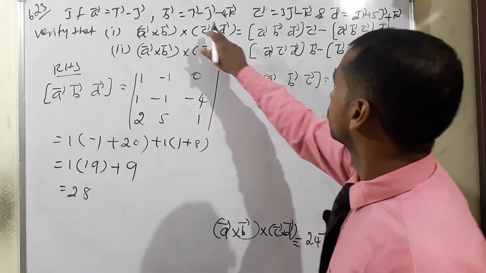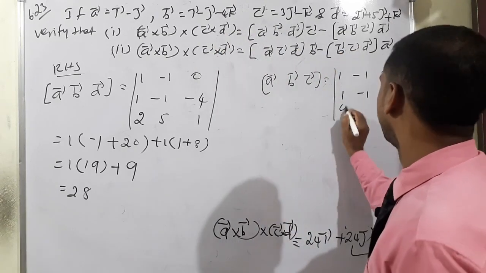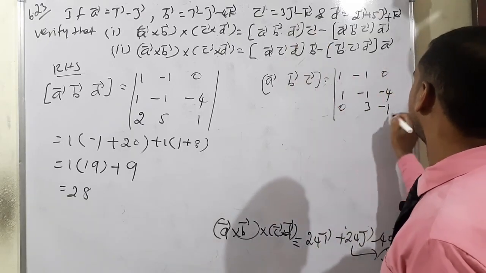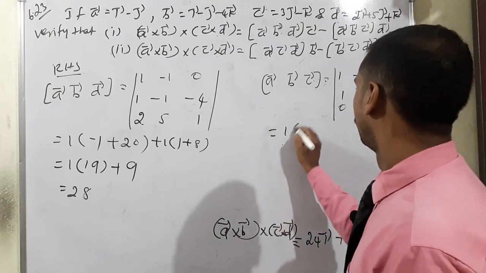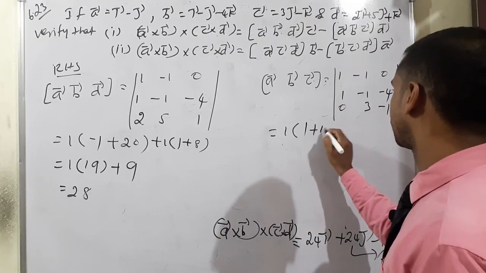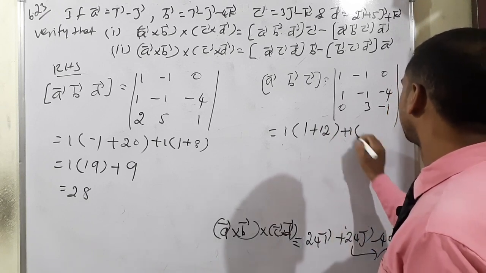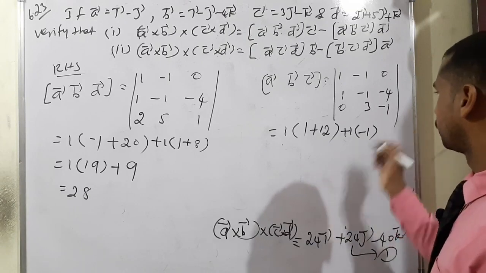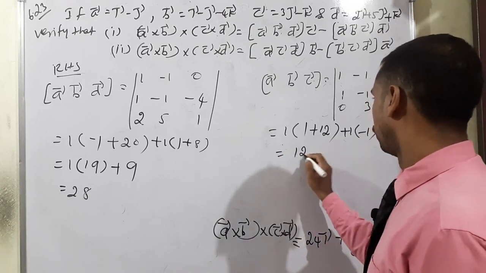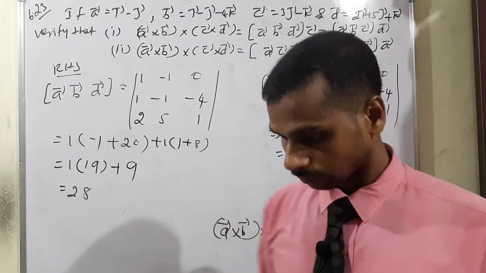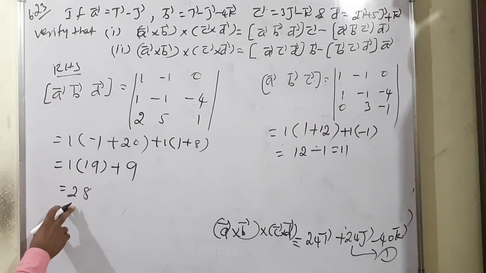Next C means 3j, there is nothing for i, written 0, then k, 3 minus 1. Simplify now. Minus 1 into 1, minus 1 is positive 1. Cross multiply means positive 12. Again plus 1 means 1 into minus 1 is minus 1. The last term is 0, so no need to write. Therefore 12 minus 1 is equal to 11.